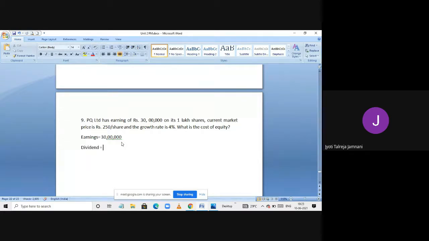Dividend will be... they've not told anything about dividend payout ratio, so we will take full 30 lakhs as dividend, because if they've not mentioned anything, that means they're going to pay the entire amount as dividend. Otherwise, they would have mentioned the payout ratio. So 30 lakhs. But we want per share dividend, so divided by 1 lakh shares.